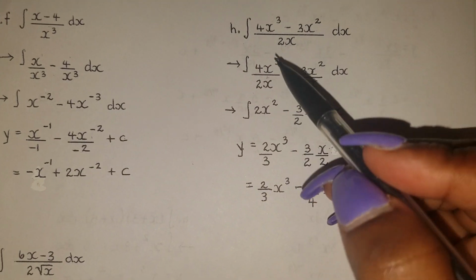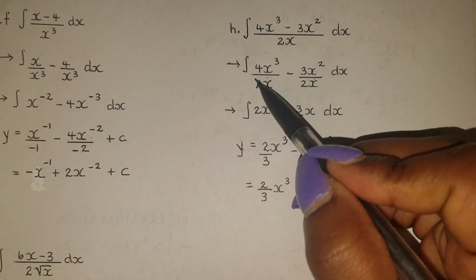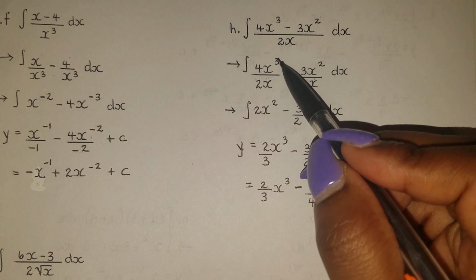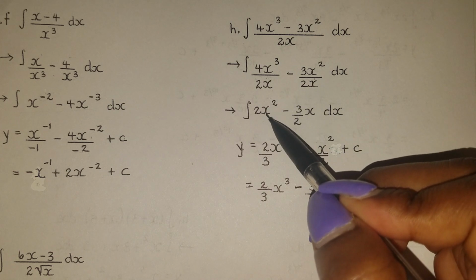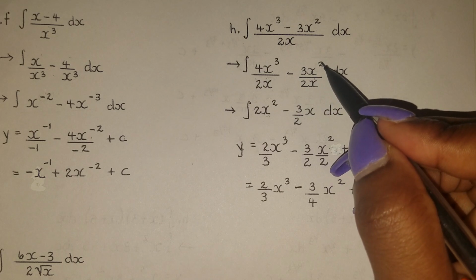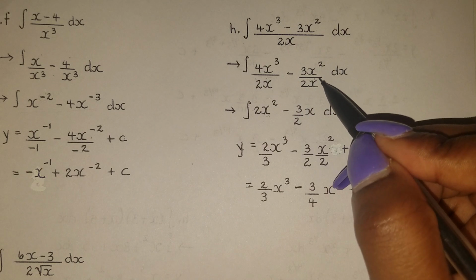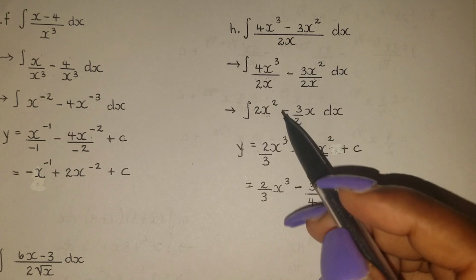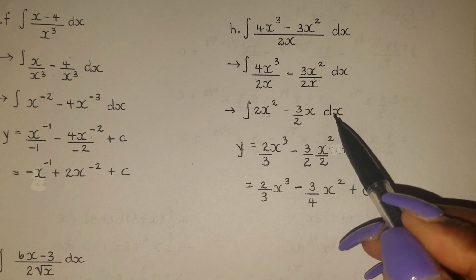So when I do that and simplify, 2 into 4 is 2, and when we divide, we're going to subtract the powers. So 3 minus 1 makes this an x squared. So we have a 2x squared here. Here, the power of 2 minus 1 gives us x. So we have 3 over 2 x. So this is the function we are now integrating.